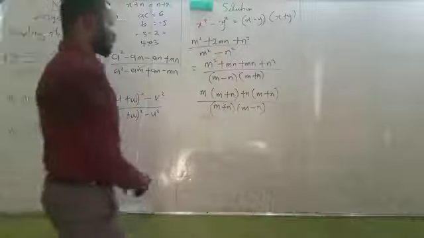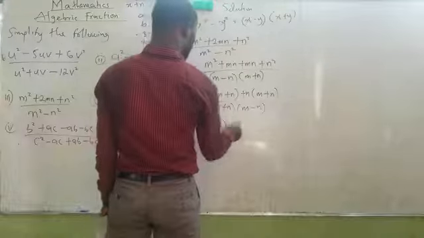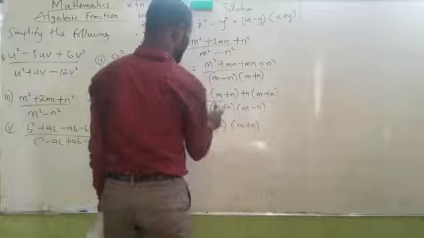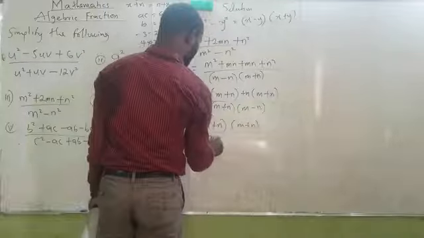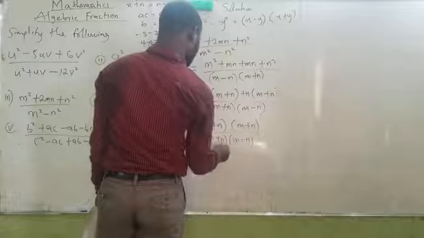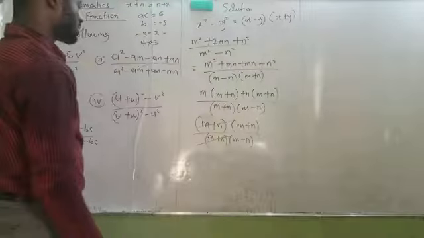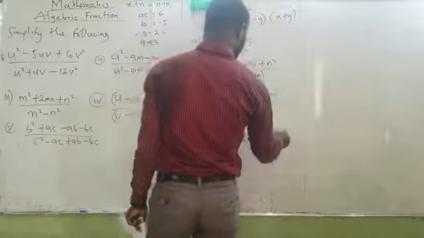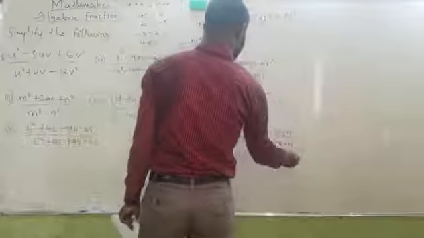Take note of that. Now, it means I'll be having m plus n and m plus n. I just bring this together and also one of these divided by what? m plus n and m minus n. This will cancel this. Yes, it will cancel that. My answer will remain as m plus n divided by what? m minus n. That is my answer.